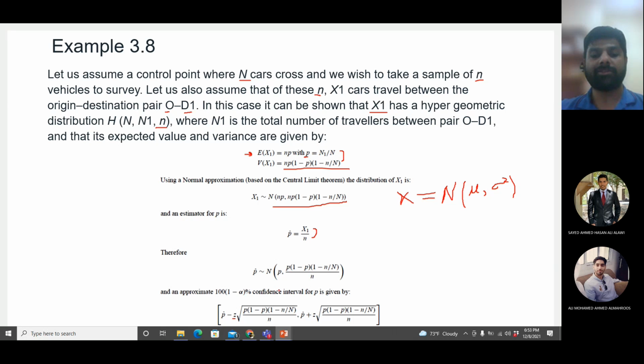This is the standard deviation. So Z into standard deviation. This is the lower limit for P cap, and the upper limit will be with a plus sign.